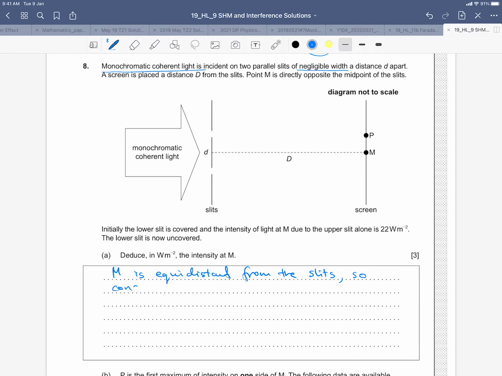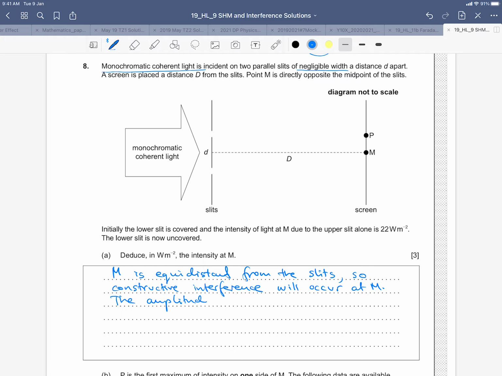So constructive interference will occur at M.